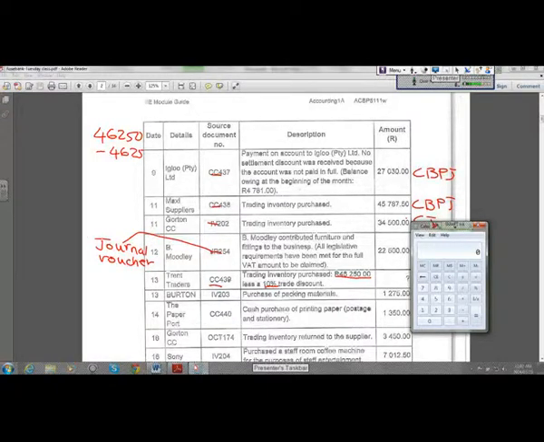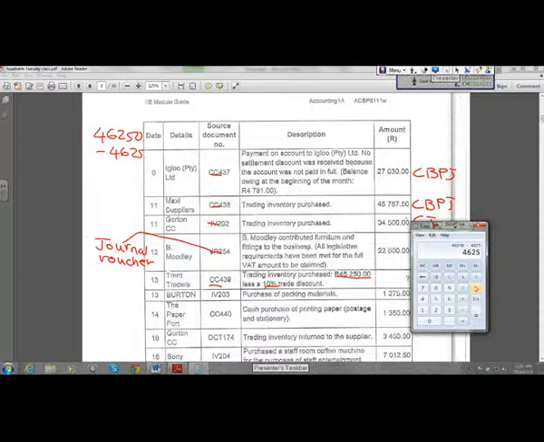It's very easy. All you do is say 46,250 minus 10%. Okay, so it means I have to do it the other way.